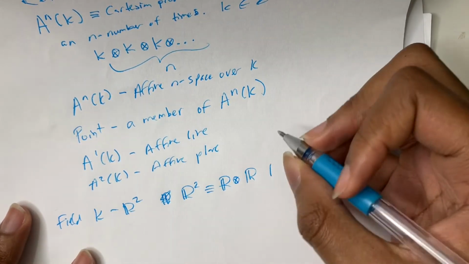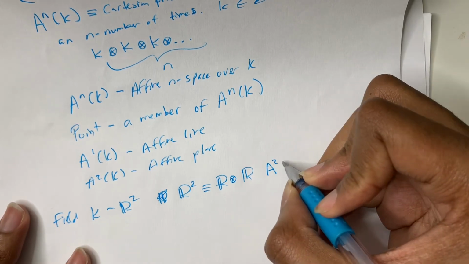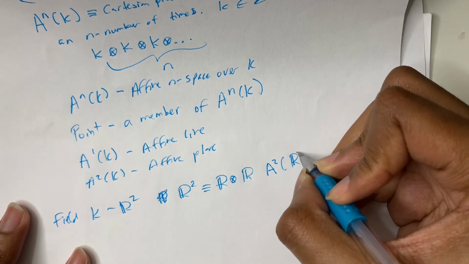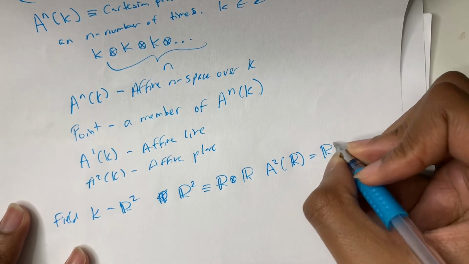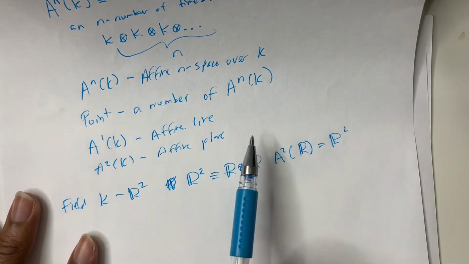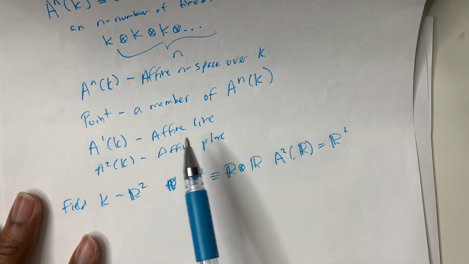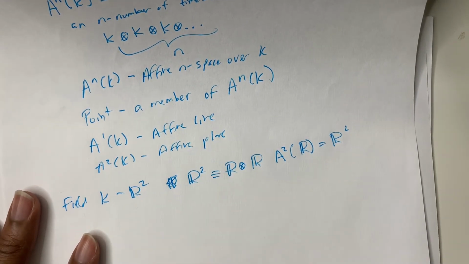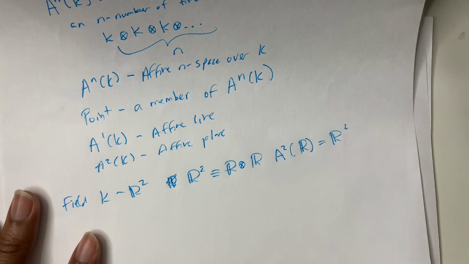So A_2(R) is just the R^2 plane. The R^2 plane is an affine plane, and a member of the R^2 plane is a point. That's where these ideas are coming from.